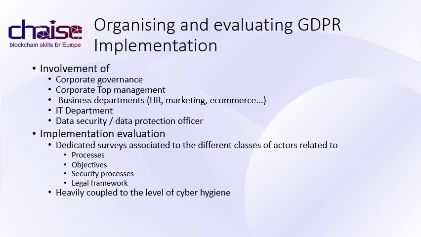This must be done in coordination with the data protection officer, who is responsible of managing the global protection consistency related to the GDPR implementation. This means that implementing GDPR in an organization is not so simple.